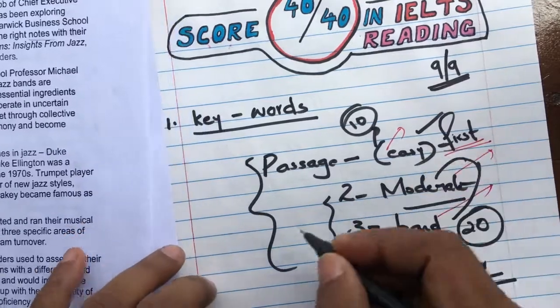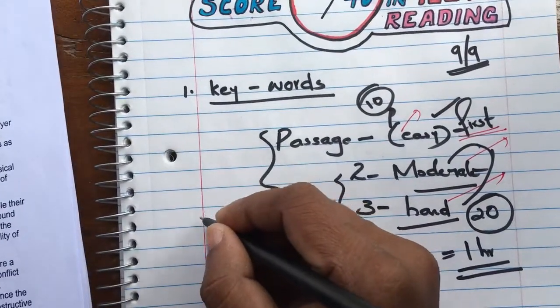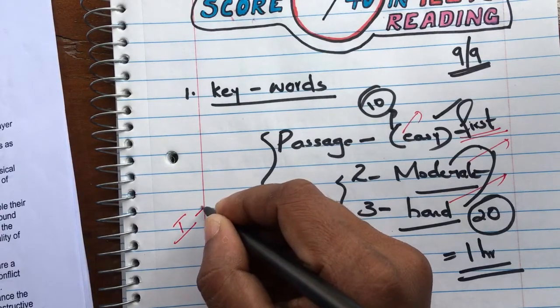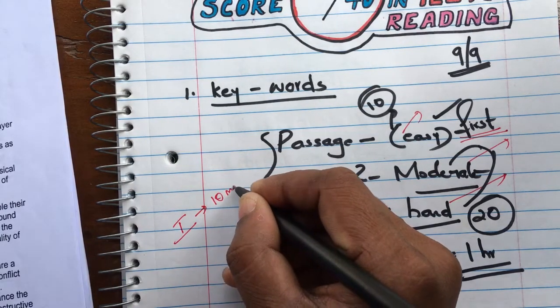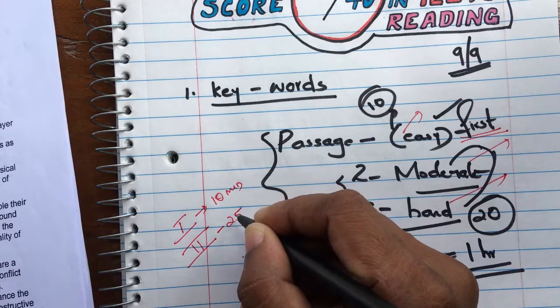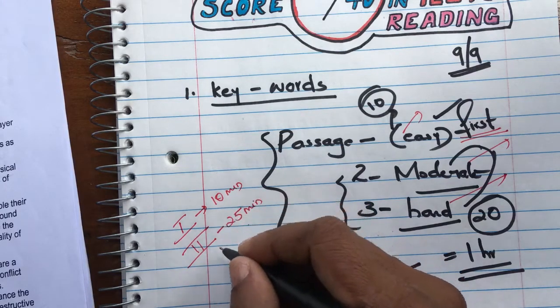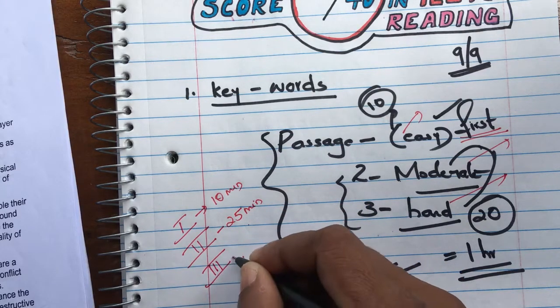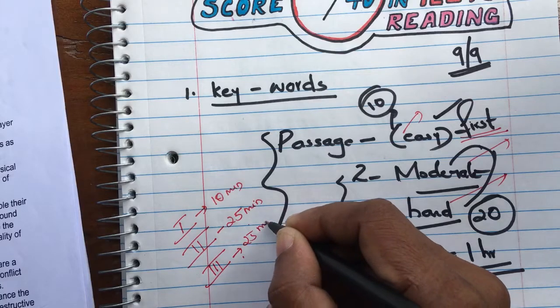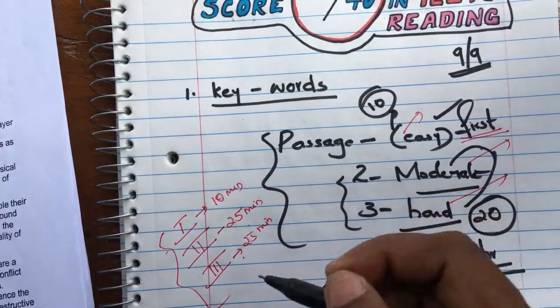So when I spend about 10 minutes on the first passage, then for the second passage I'll get more than 25 minutes instead of 20 minutes. And for the third passage also, I'll get almost 25 minutes. So that means I can really execute my reading very well.